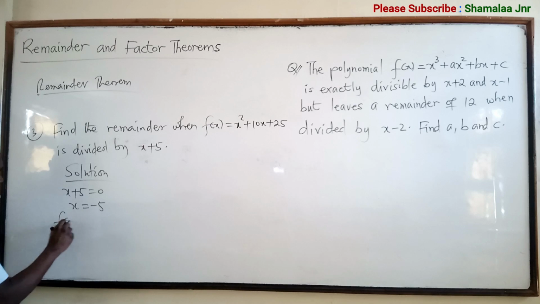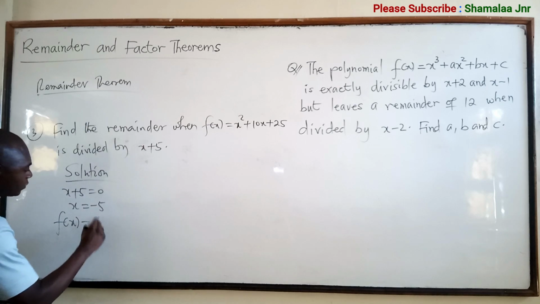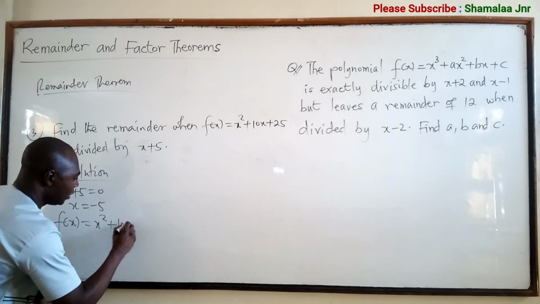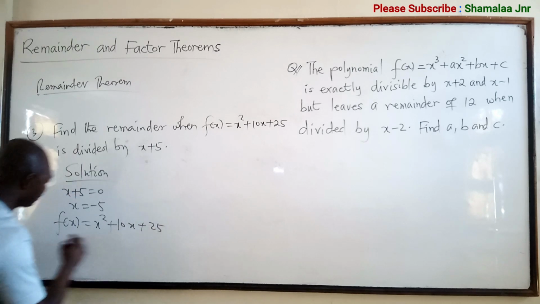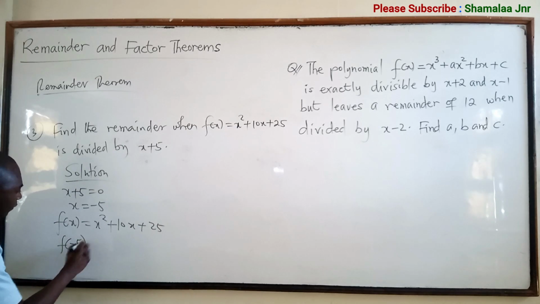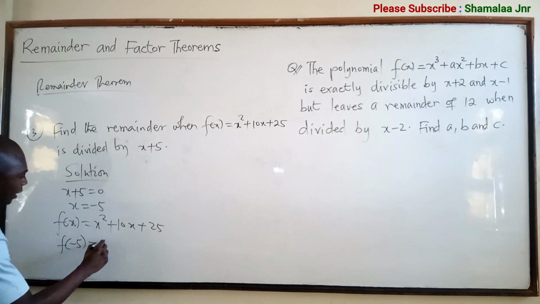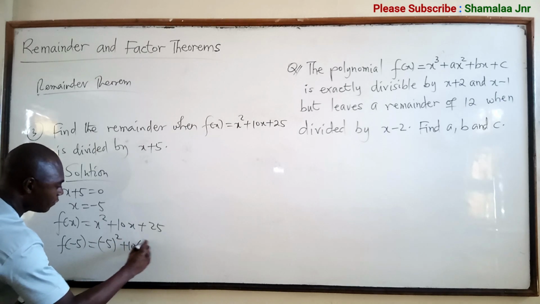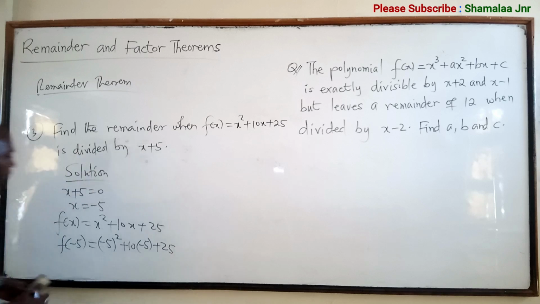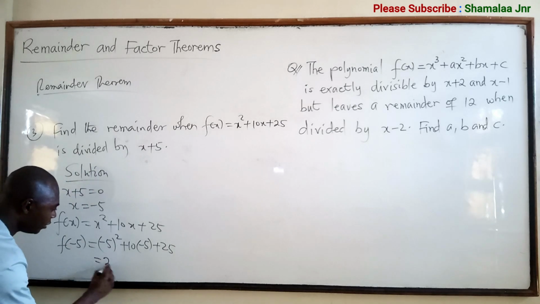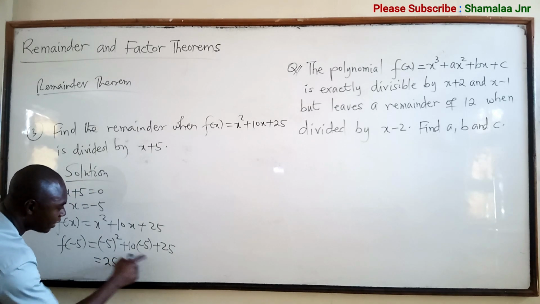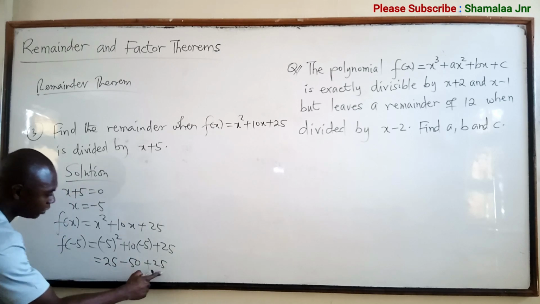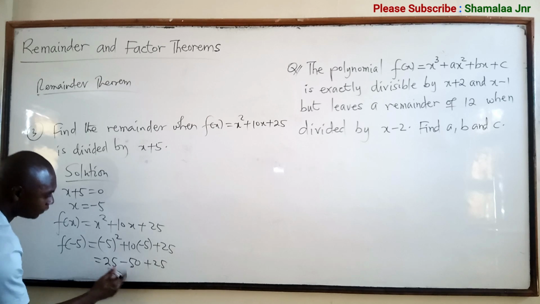This means that f of x, the function, is x squared plus 10x plus 25. f of -5 is equal to -5 all squared plus 10 times -5 plus 25. -5 all squared will be 25. 10 times -5 is -50, plus 25. 25 plus 25 is 50, minus 50 is 0.